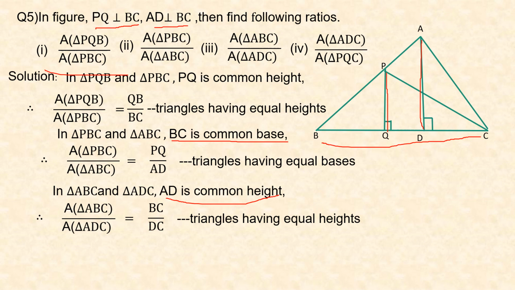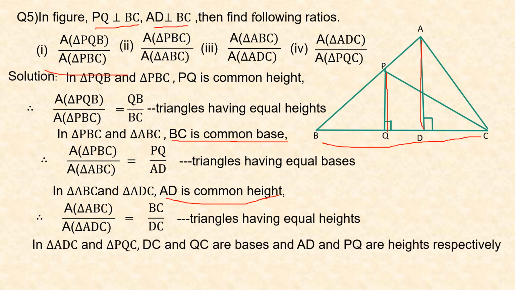In triangle PQC, QC is the base and PQ is height. Therefore, area of triangle ADC is to area of triangle PQC is equal to DC into AD upon QC into PQ.